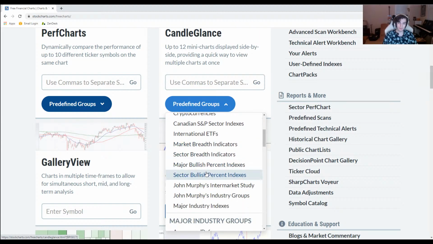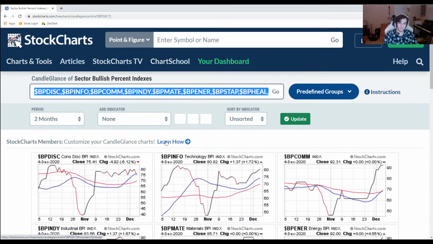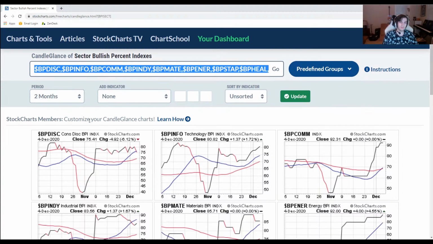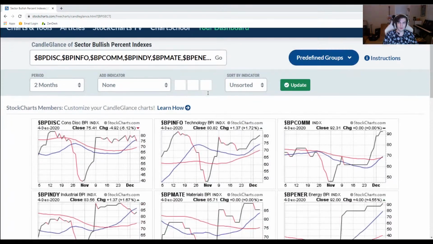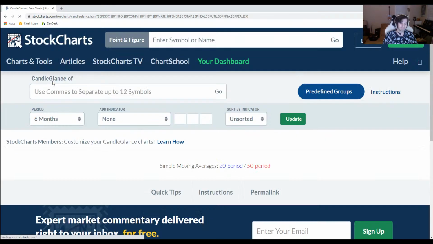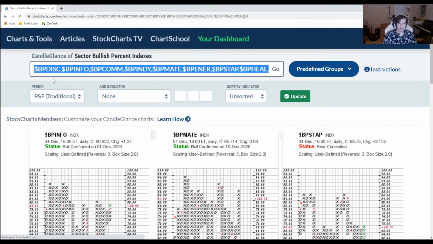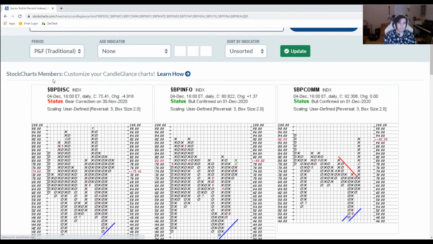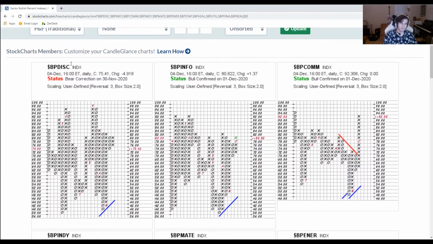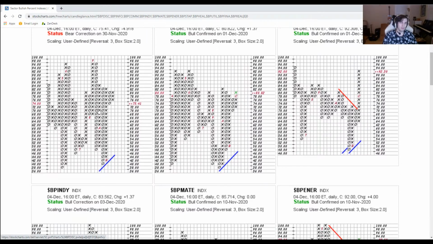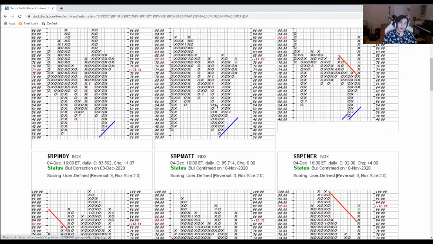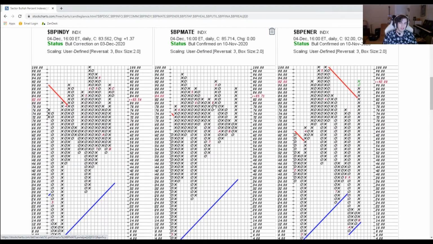We want our Bullish Percent Index. So now we get a bunch of crazy connect the dots. Give me my tic-tac-toe. Here we go. By choosing under period, point and figure traditional, we get the bullish percent for all of the different sectors in the S&P 500.